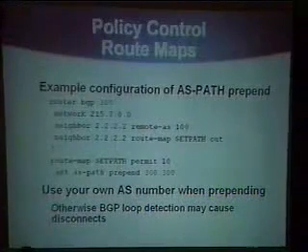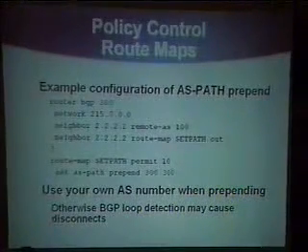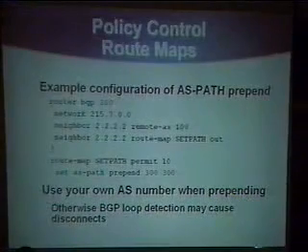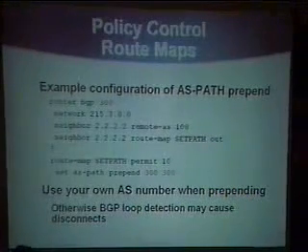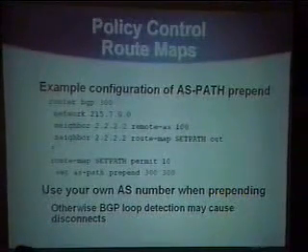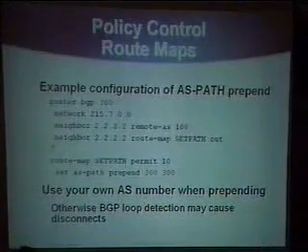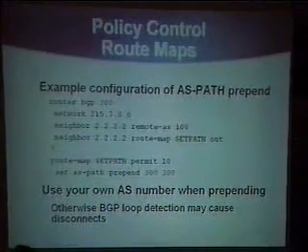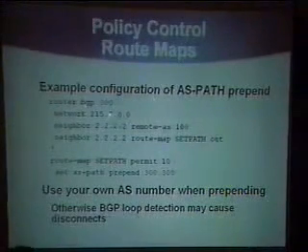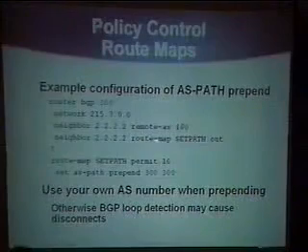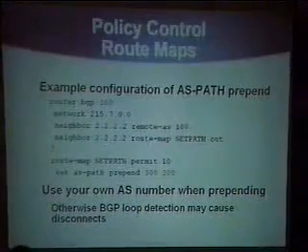Example configuration of an AS path prepend. For example, if you're connecting to a neighboring ISP, you want to make the AS path appear longer than it really is, usually for reasons of multi-homing, which we'll have a look at later. You do it like this. You've got the router BGP statement, remote AS100, route map, set path.